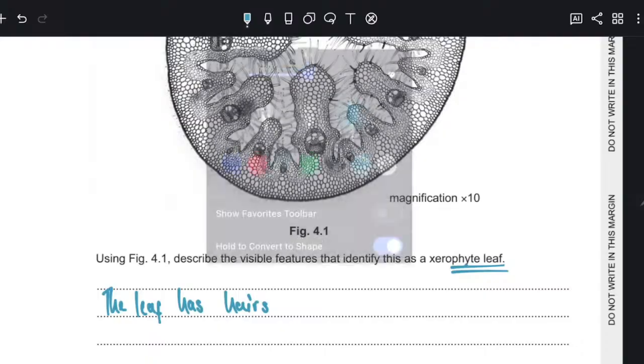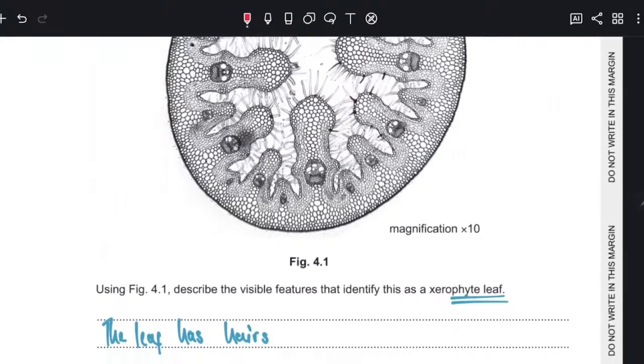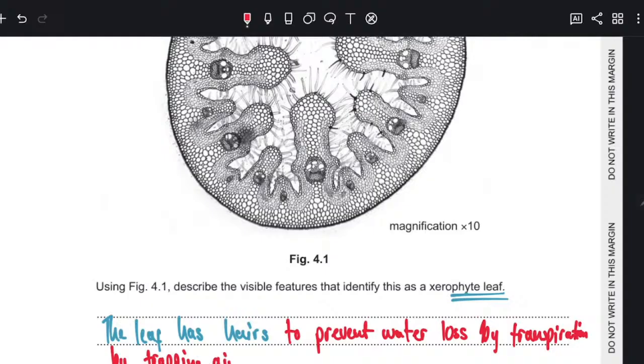These hairs here, to prevent water loss by transpiration, by trapping air. Are we together? Talk about the hairs that prevent water loss by transpiration.